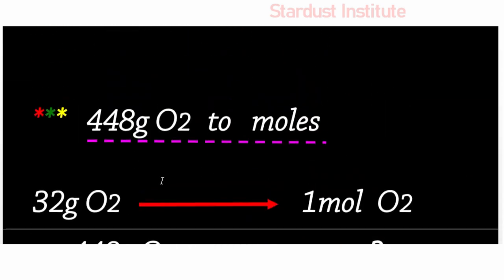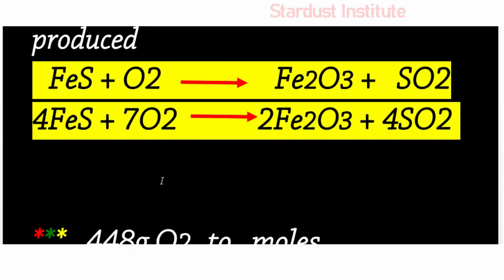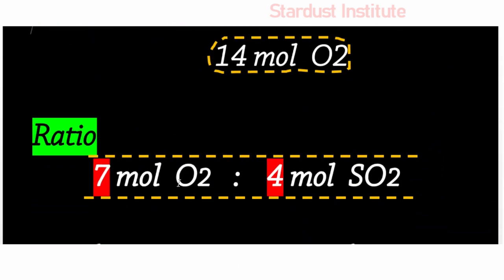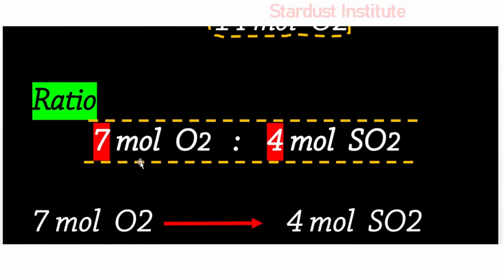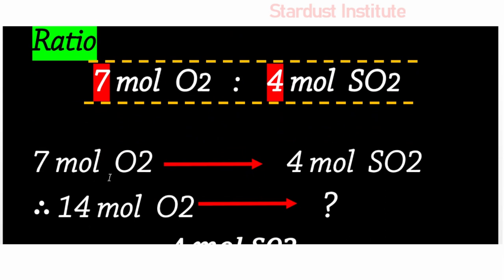Now let's see the ratio. With the help of FeS, 7 moles of O2 can produce 4 moles of SO2.